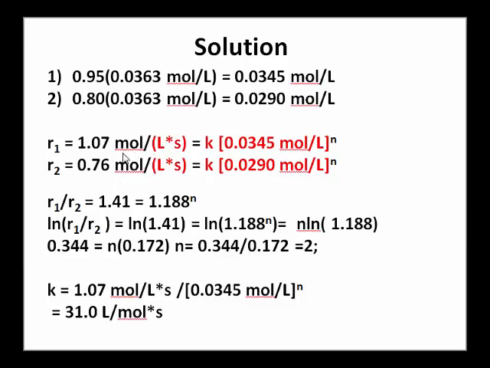Allow me to emphasize again that the units of liters and seconds are in the denominator and moles are in the numerator. We have two rates for two concentrations, and for each rate we can write R is equal to K times the concentration, in brackets, to the N power.